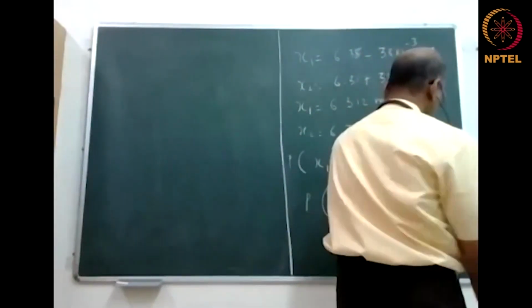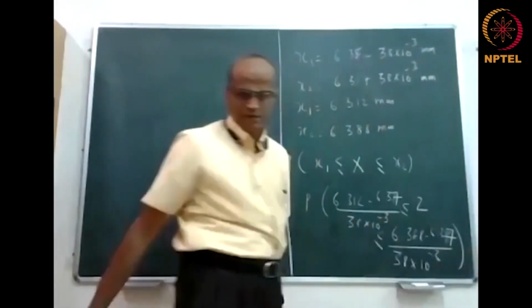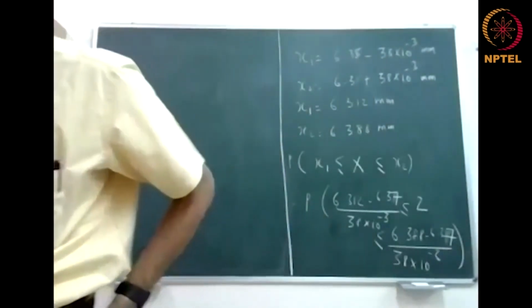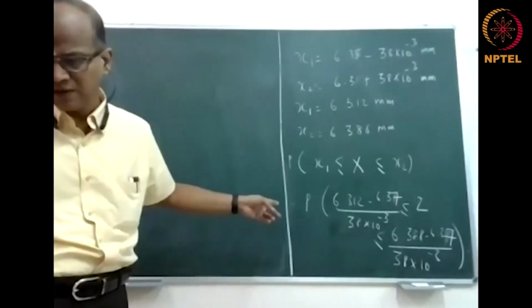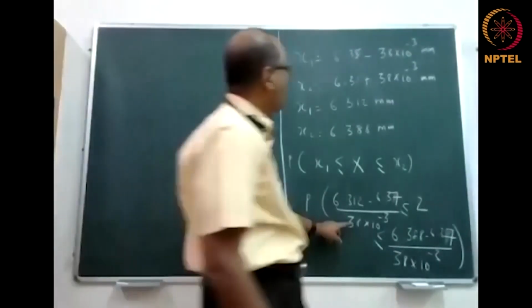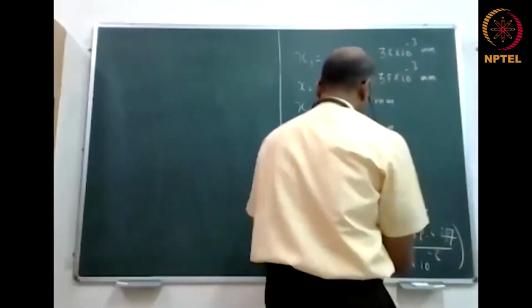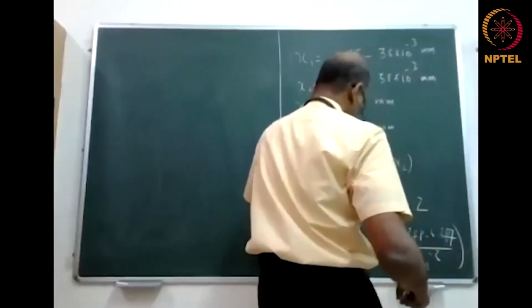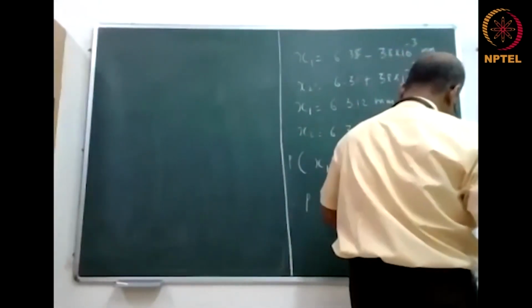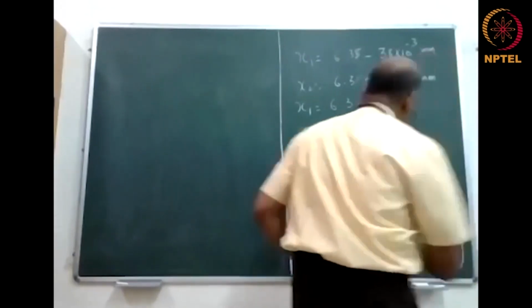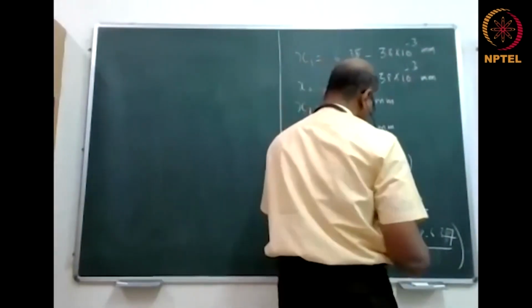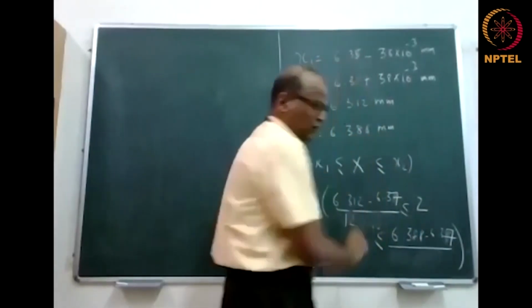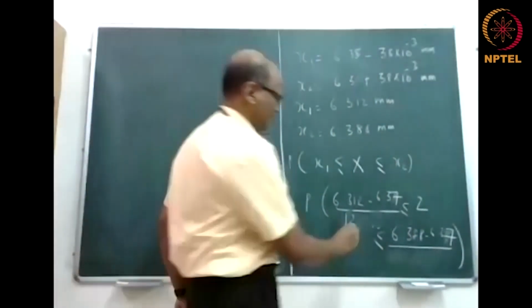Here also it's 6.37. The standard deviation is 12.7 into 10 power minus 3. So that is the tolerance? This is the tolerance.